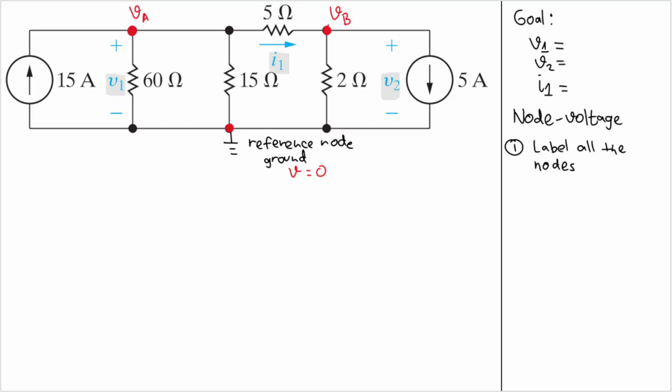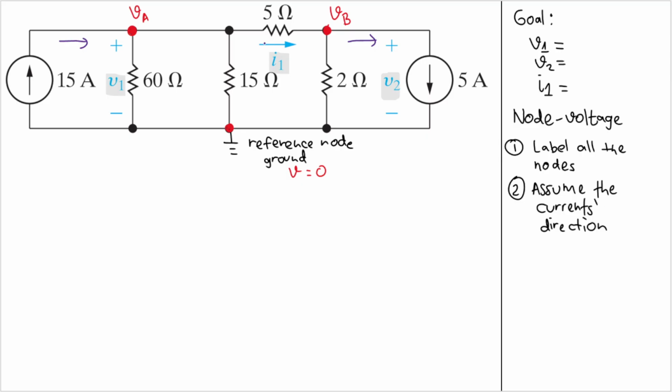Okay, and now let's move on to the second step, which is to assume the current's direction. For the current direction, for the branch with the current source, I just follow the arrow here. This will go up and eventually go to the right, like this. But for this, it is going down. So it starts from this going to the right.